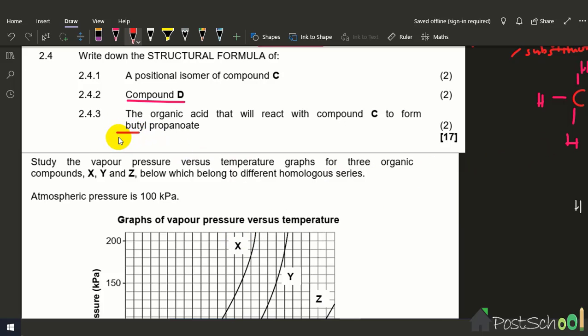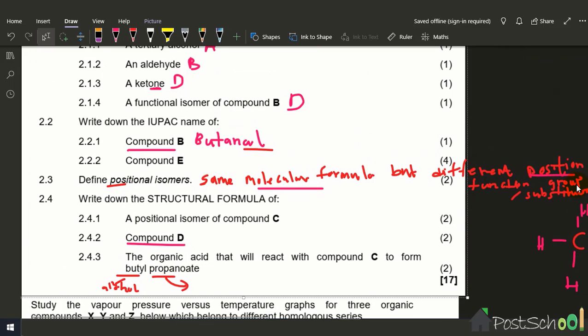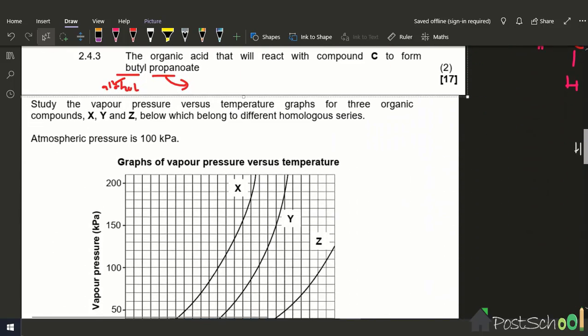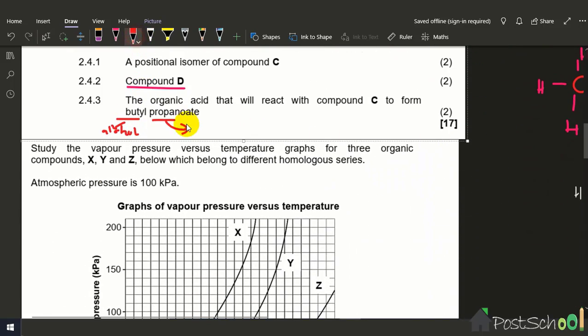Because this one is an alcohol, butanol, as we see at C, the acid is propanoic acid.